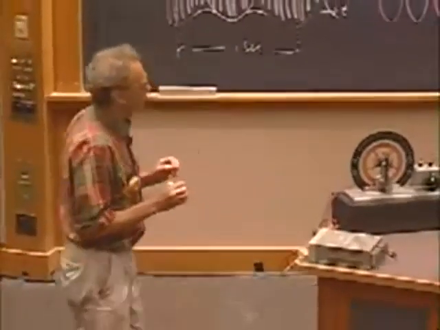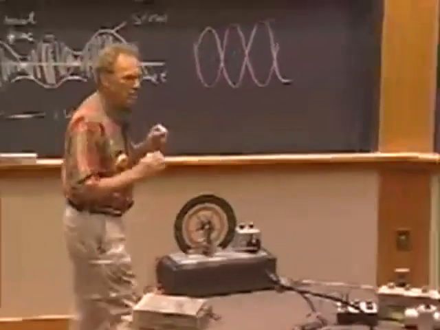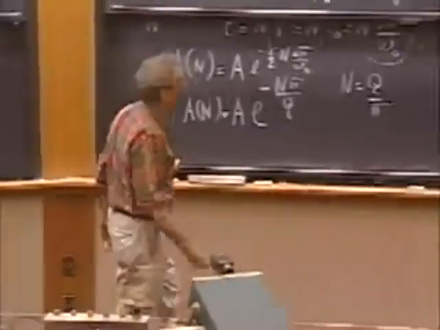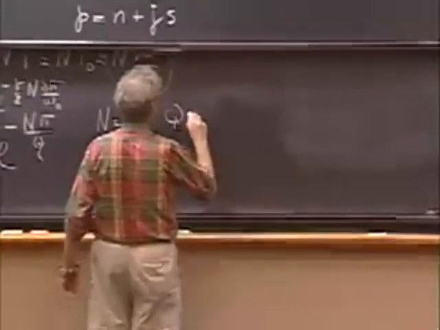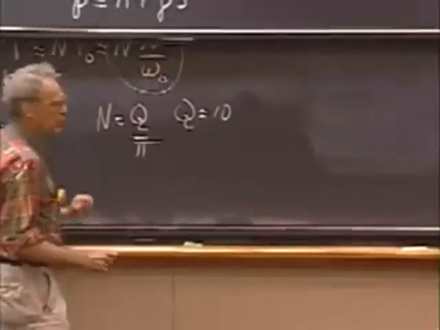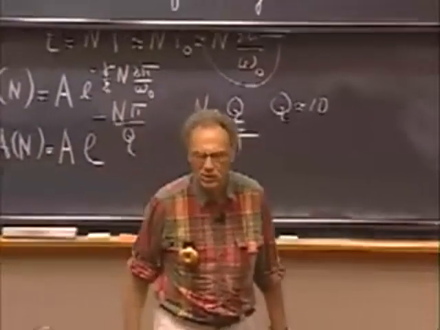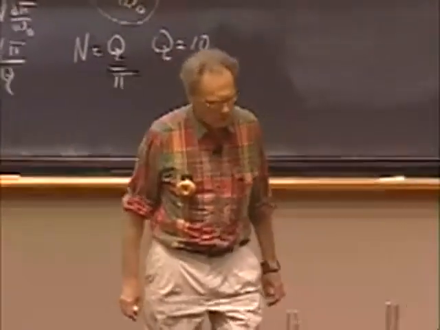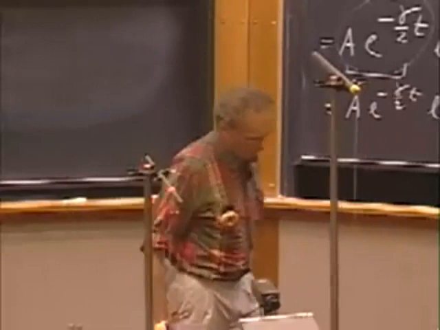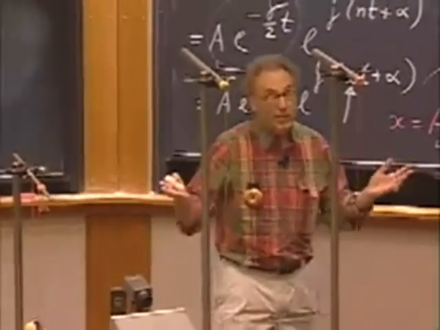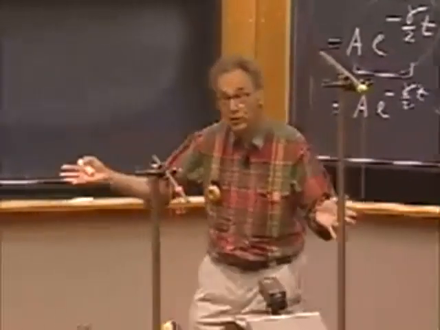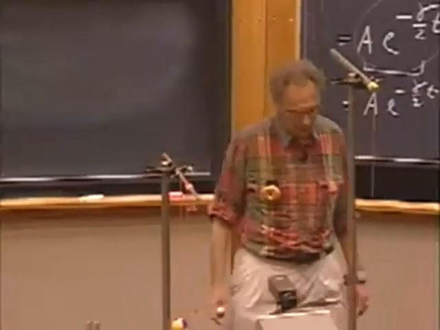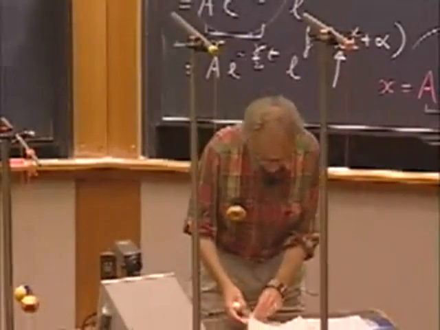In the other case, I ask myself, how many oscillations do I have to wait? And so if Q is 10, it tells you that you have to wait about 3 oscillations, roughly, for the amplitude to go down by a factor of e. And if Q is 100, you have to wait more like 32 oscillations for the amplitude to go down by a factor of e.